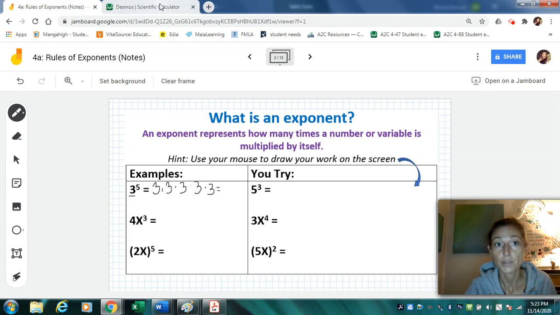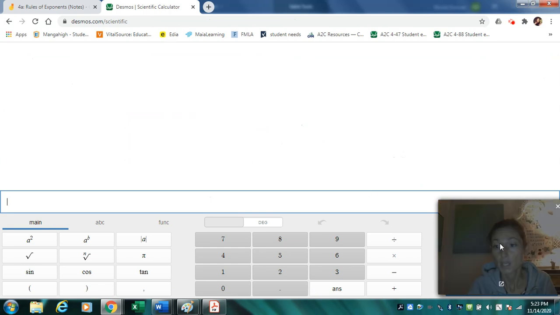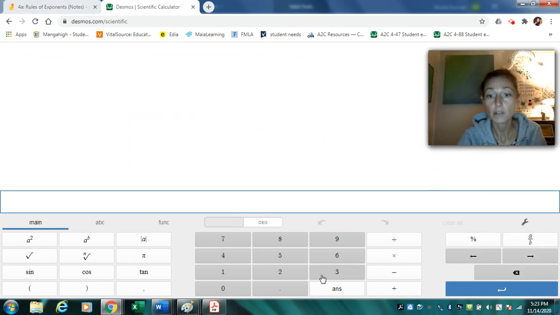And so we can go over to our calculator and we can see a couple things here. First of all, if I just do the exponent, so 3, this is how you do an exponent here. We're going to grab this here, and that gives a little exponent, 3 to the 5th power. That tells us it's 243. Well, if I do 3 times 3 times 3, and I do this so that there's 5 of them, I should get the same answer, and I do.